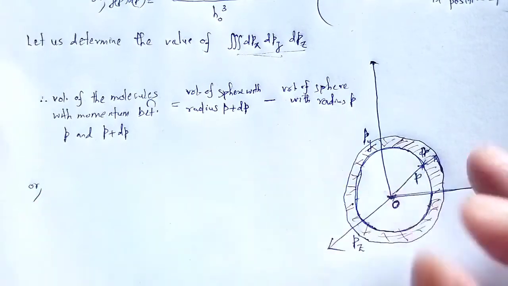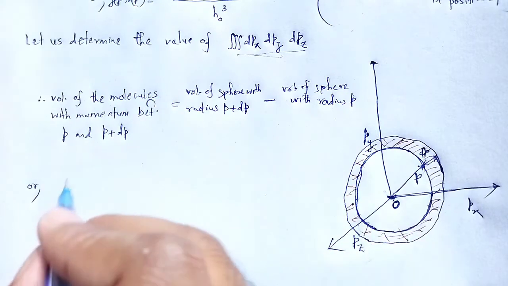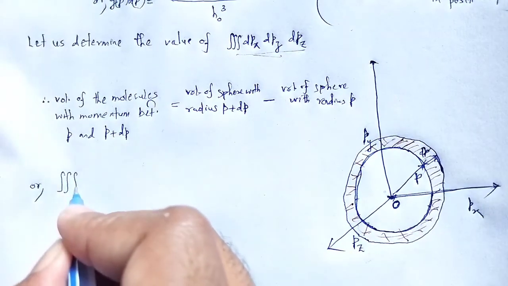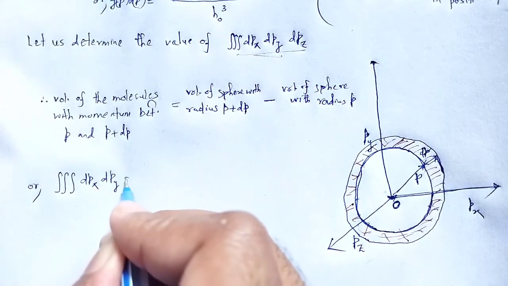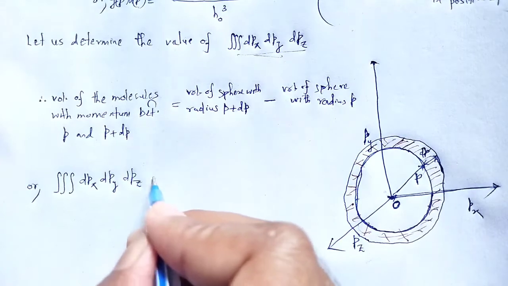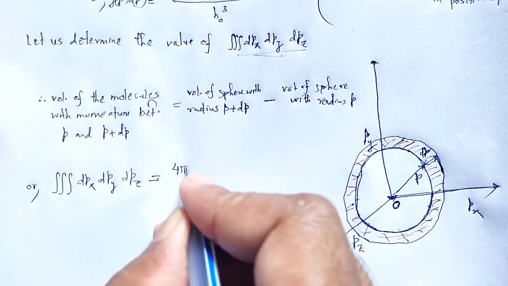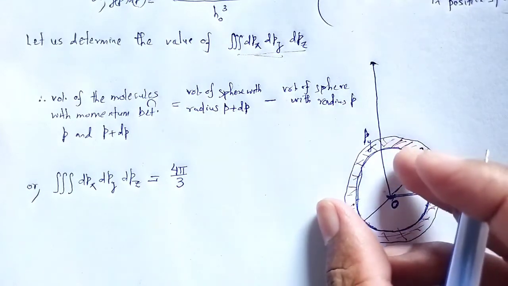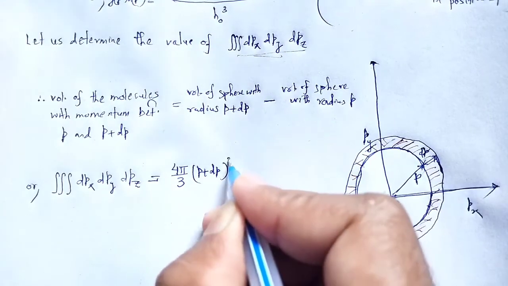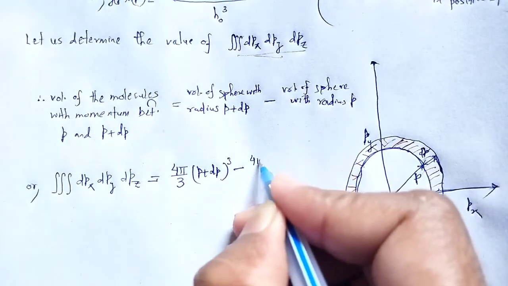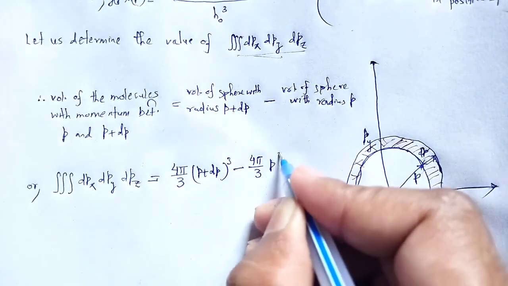Therefore the volume of molecules within that momentum range, the triple integration of dpx, dpy, dpz, is equal to 4 pi by 3 times (p plus dp) whole cube minus 4 pi by 3 p cube.